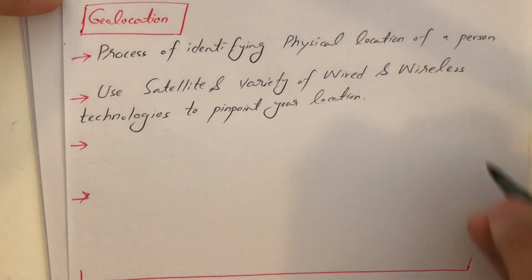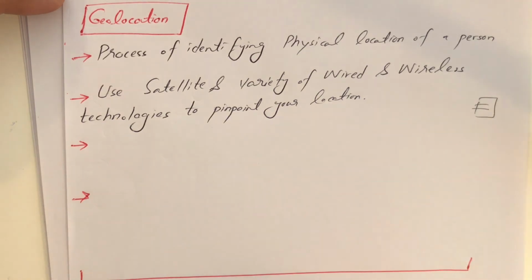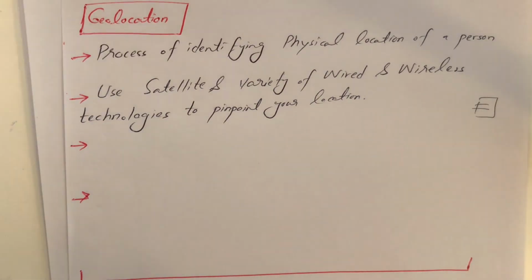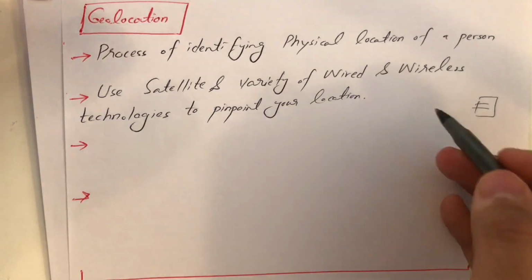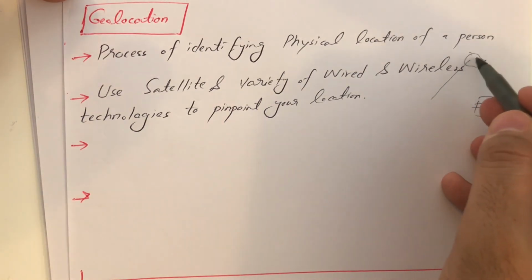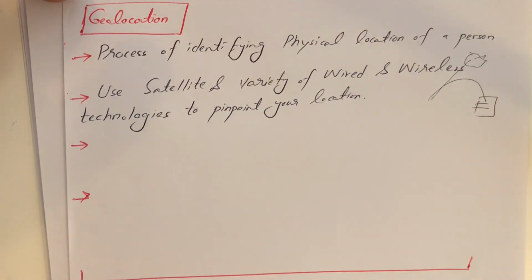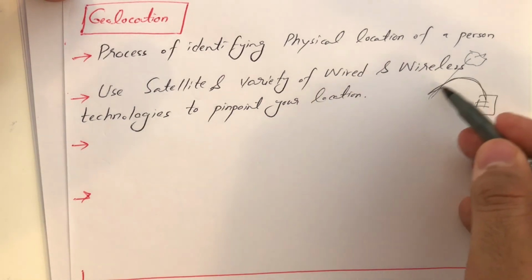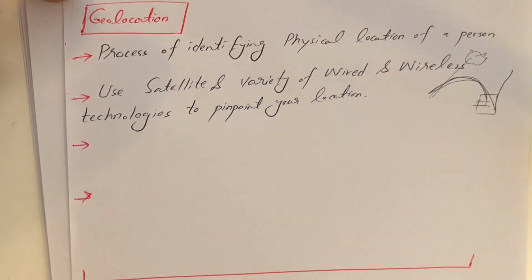What exactly is stored in these geolocation databases? Please remember one thing: whenever you use Google Maps and all that stuff, you're not directly getting data from the satellite. You're connected with the Google database, and you're getting data from the Google database, and that database is connected with the satellite.